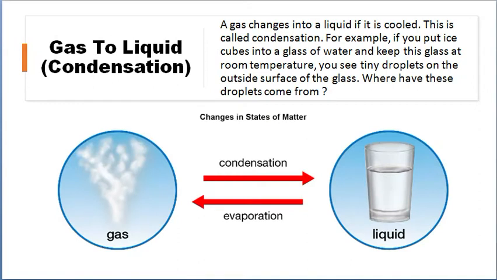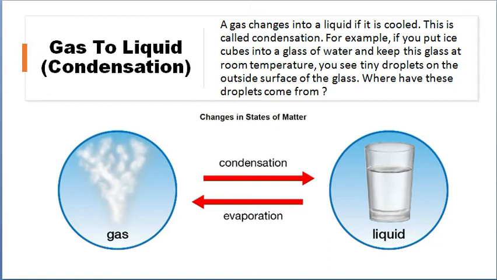The next process is condensation. Let's learn about condensation. What happens here? Condensation happens only from gases to liquids. A gas changes into a liquid if it is cooled. This is called condensation.